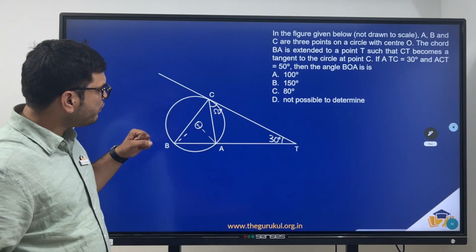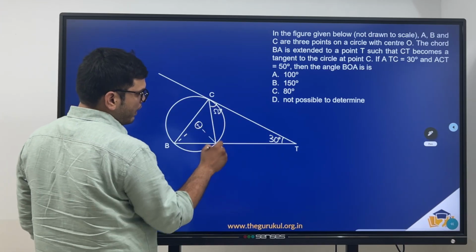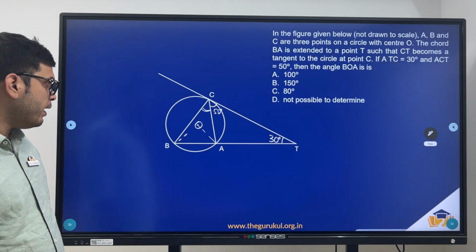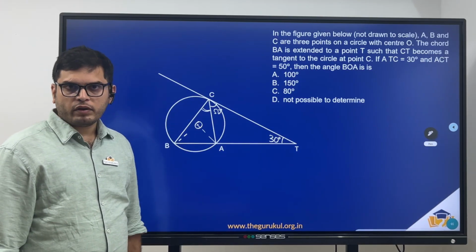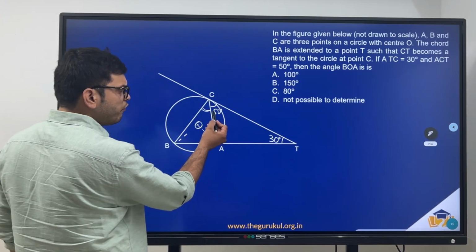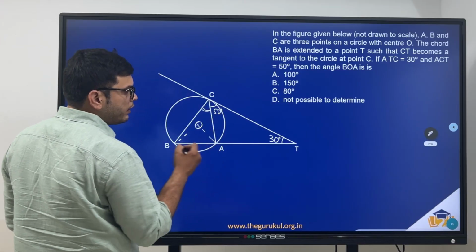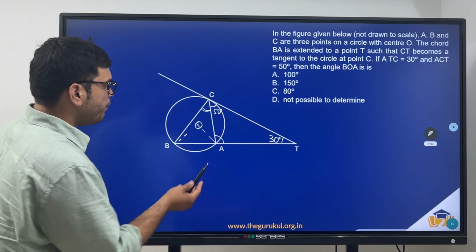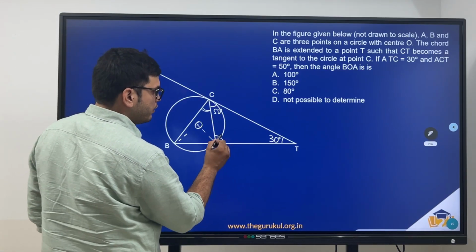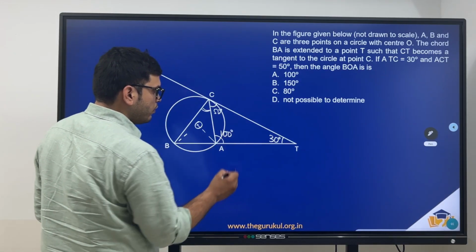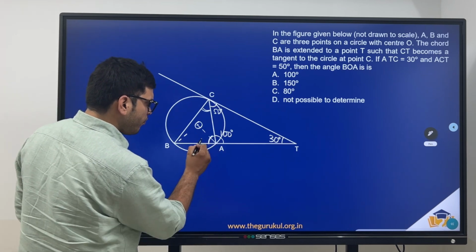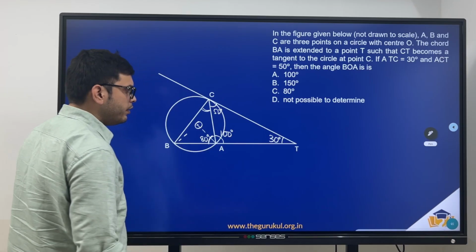Now, in order to find this angle, if I can manage to find the measure of angle BCA, this will be 2 times of that, right? Now, if this is 50, this is 30, in triangle CAT, this angle should be 180 minus 80, so this is 100 degrees. So this should be 80 degrees.